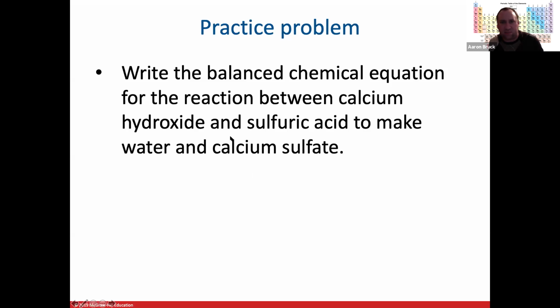So let's look at this practice problem here. What is the balanced chemical equation for the reaction between calcium hydroxide and sulfuric acid to make water and calcium sulfate?